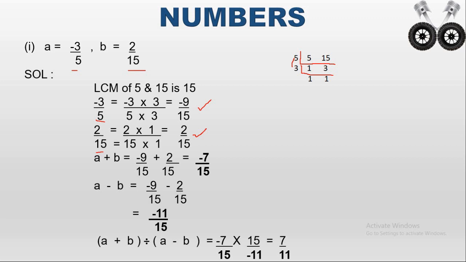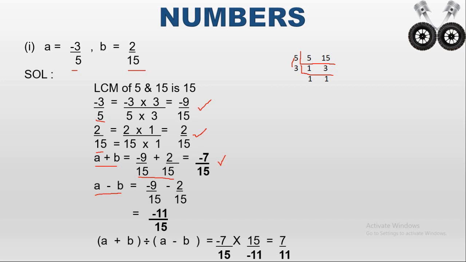First we have to find the a plus b value, that is minus 9 by 15 plus 2 by 15. Here the denominators are equal, so we can add the numerators. The numerators have two different signs, negative and positive, so we have to subtract. Minus 9 plus 2 equal to minus 7. So a plus b equal to minus 7 by 15. Next we find the value for a minus b.